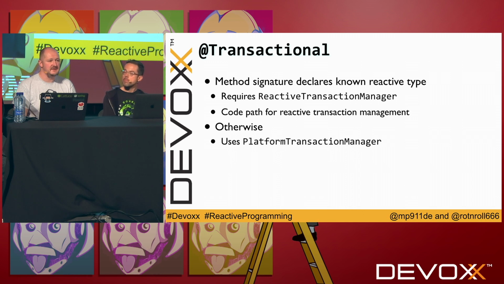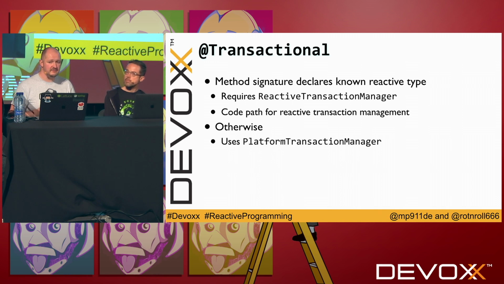A few specifics about transactional. The transactional annotation usually takes a transaction manager as an optional argument in the attributes. To distinguish whether a transaction is a reactive transaction or an imperative transaction, the actual called method signature helps us.